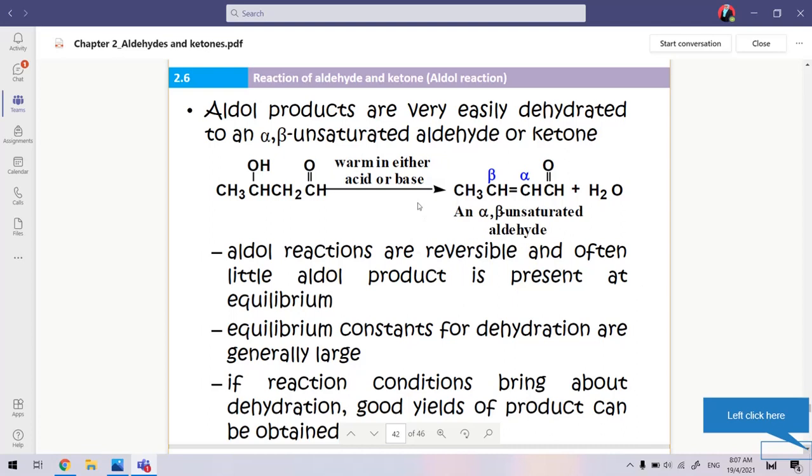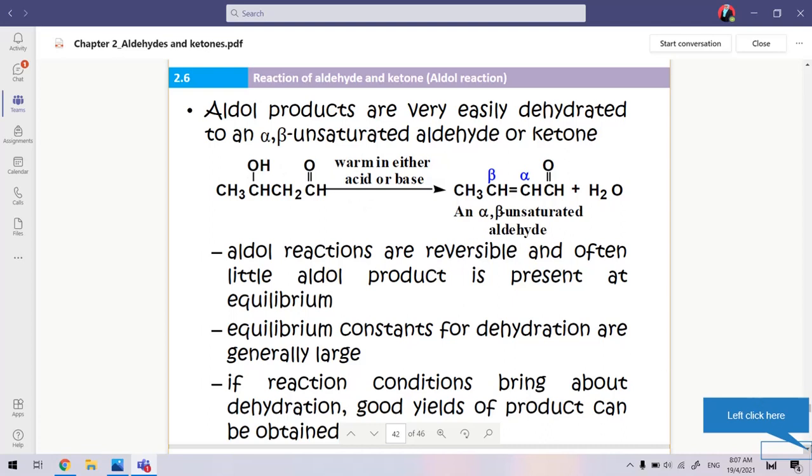So when this product which contains OH and double bond O reacts in warm temperature, with either acid or base, then this part will be changed to a double bond. OH will be eliminated from the structure.